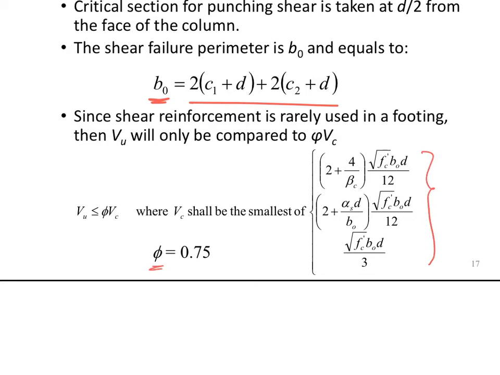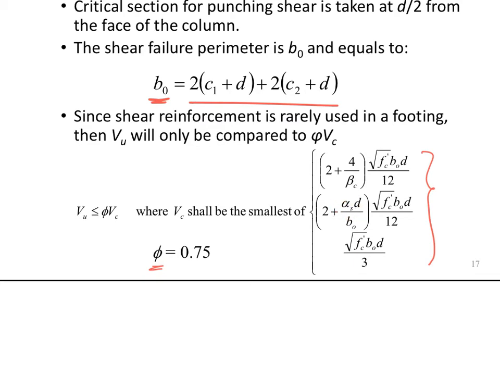Now the smallest of these equations will give me the shear capacity of punching. So in those equations we have b node, which is this guy over here. We have d, we can simply calculate d. f prime c, that's the strength of the concrete. And then other than that we have only beta c and we have alpha that we didn't know before.